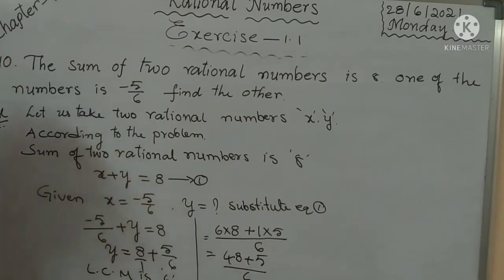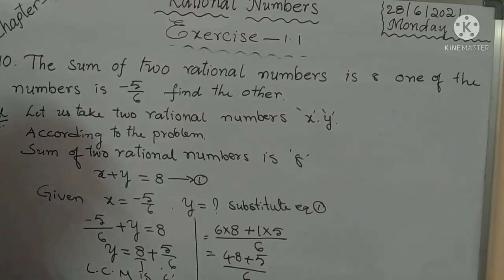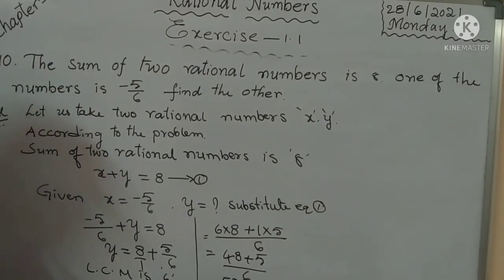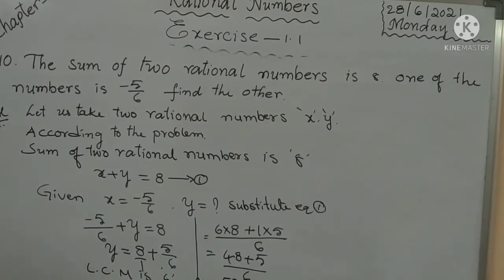So 48 plus 5 is 53, 53 by 6. So it is the value of y. Understand here? Finally, the other number is 53 by 6.